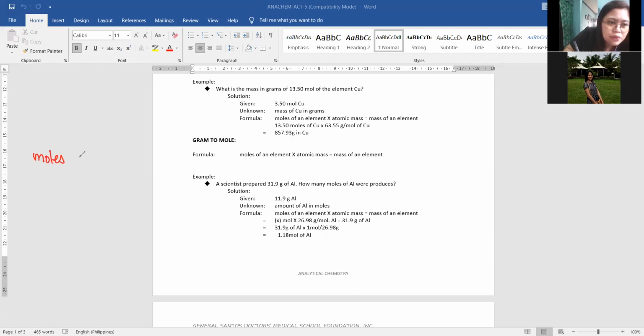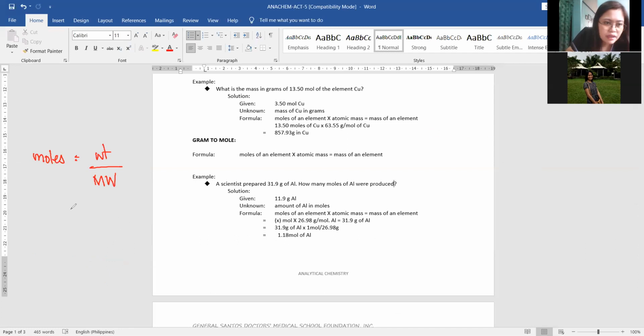Moles is equal to the weight of the substance divided by the molecular weight. So, ang atong example for this, you have here a scientist prepared 31.9 grams of aluminum. So, how many moles of aluminum were produced? This is not produces, it should be produced. Wait. Okay.